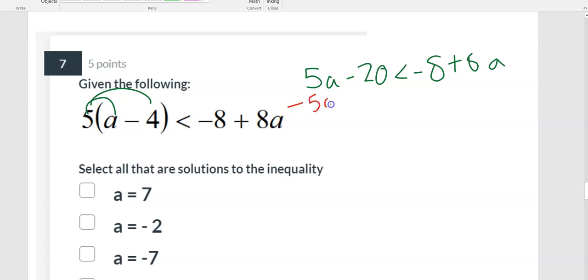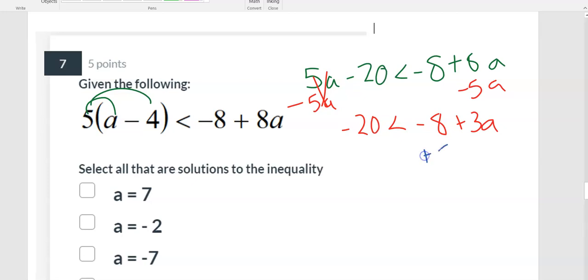And I'm going to get rid of this 5a by subtracting it because it's smaller. And that's going to give me negative 20 is less than negative 8 plus 3a. Then I would just work through this until I have solved the inequality.